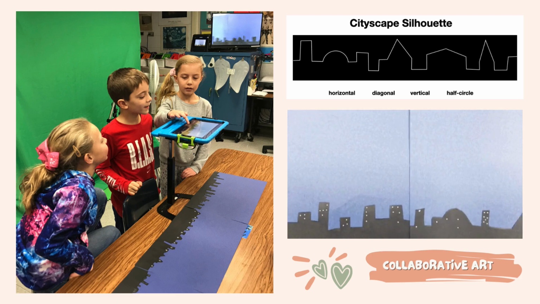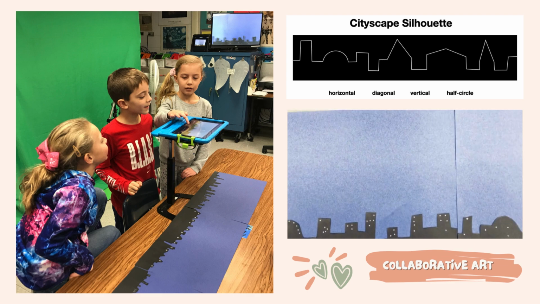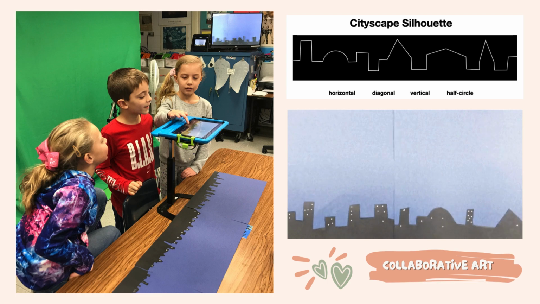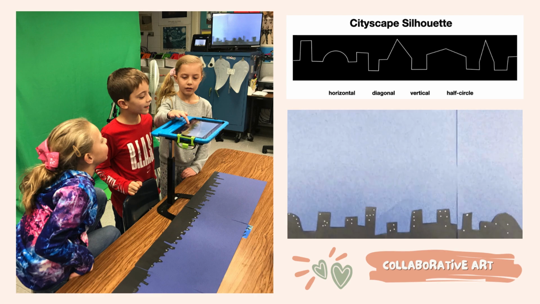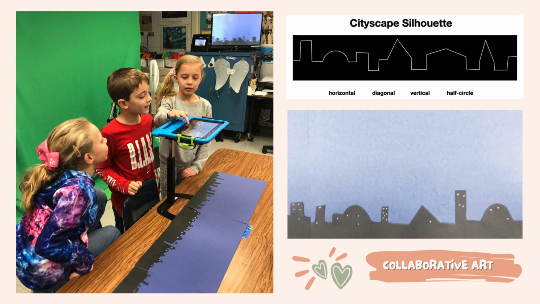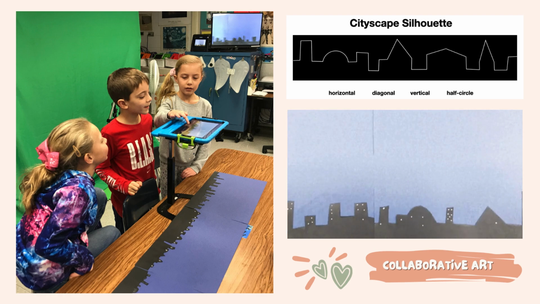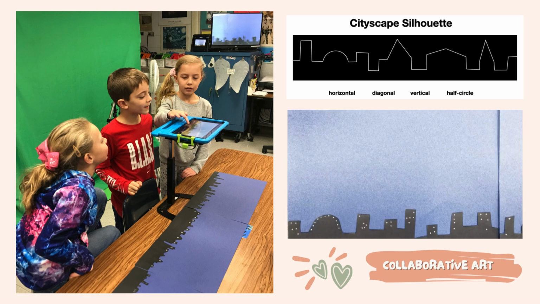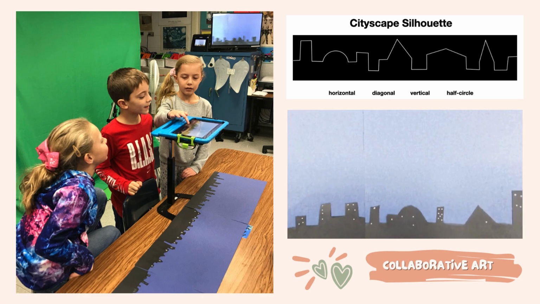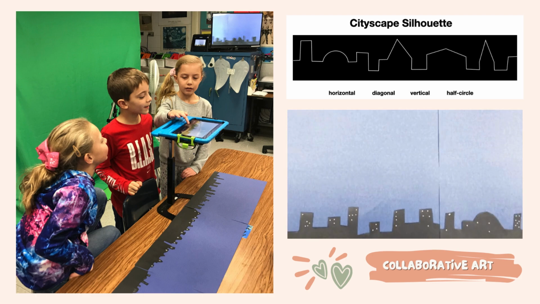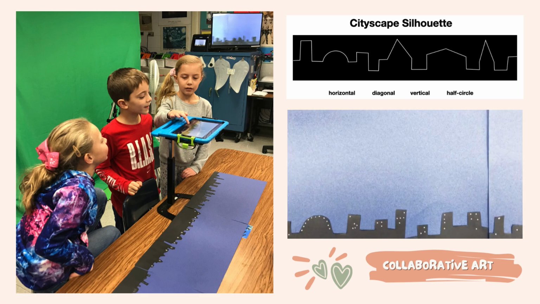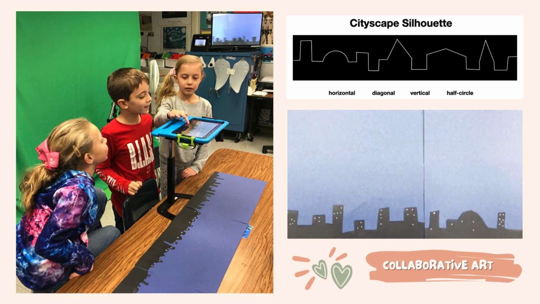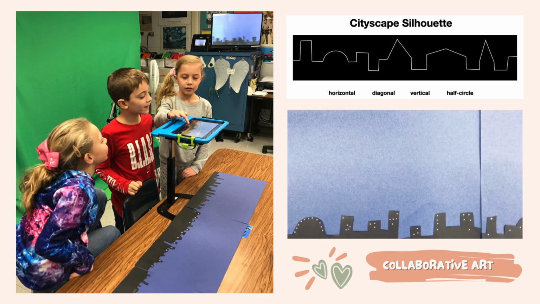And maybe you can see in the photo that the three students that worked in one group had attached their three city silhouetted landscapes together to make one long strip. They needed to move it under the camera. The app we used was iMotion, and that's a free stop motion animation app.